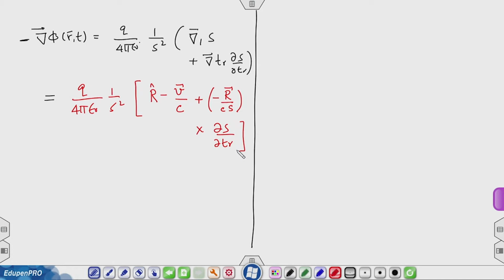So, one term is now remaining to be calculated. We will do that now. So, dS/dTR is partial derivative with respect to TR of R minus R dot, let me explicitly write this, V over C.